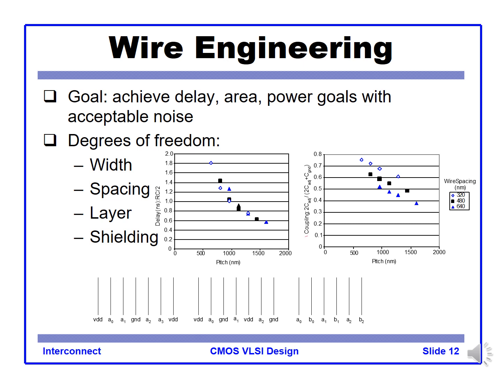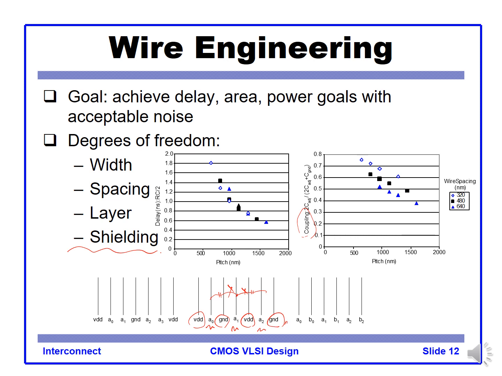In order to reduce the coupling, there is a way to shield the signal. For example, if A0, A1 and A2, all these three, are data lines, and we want to avoid the coupling between the data lines, then we put some VDD and ground shield there.